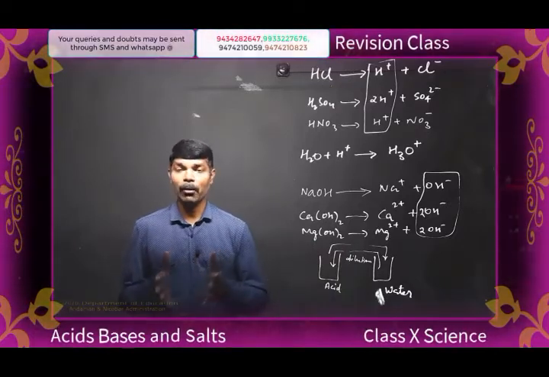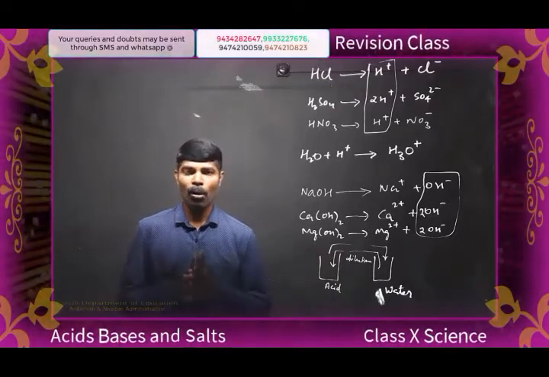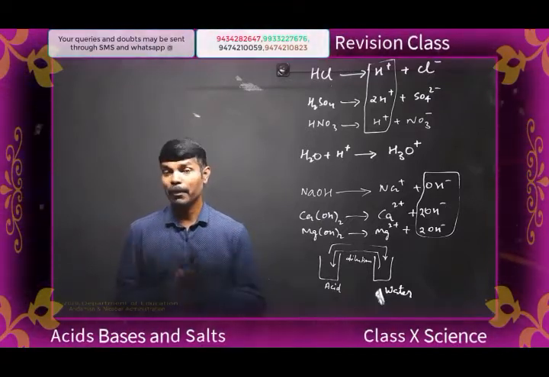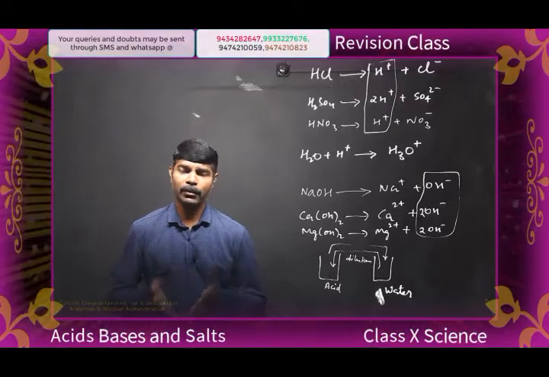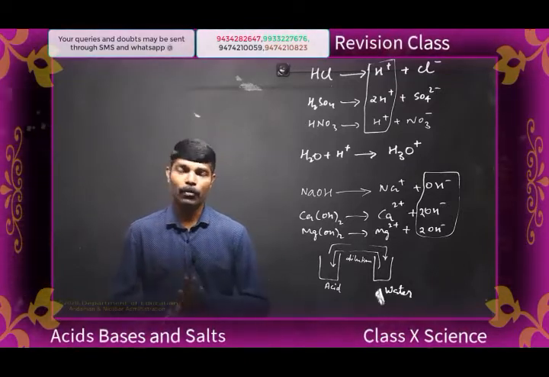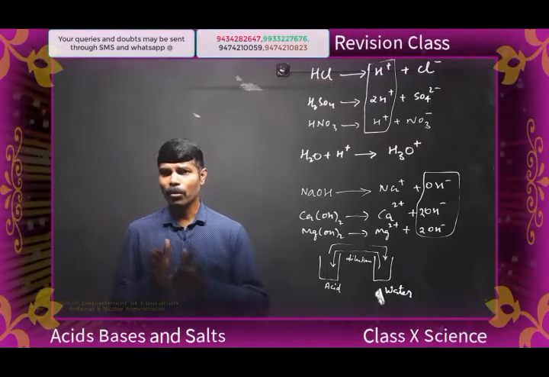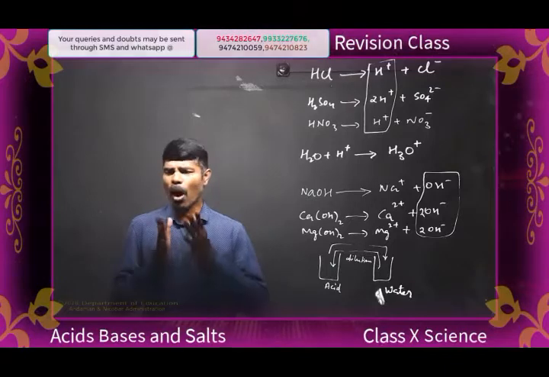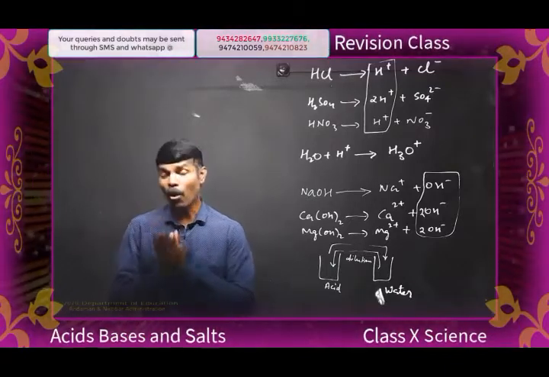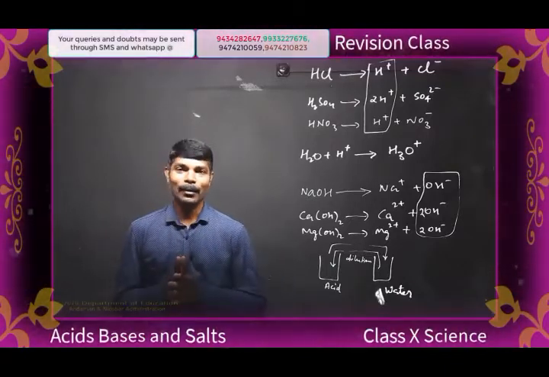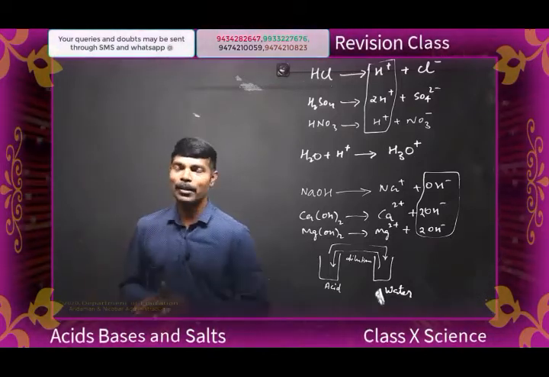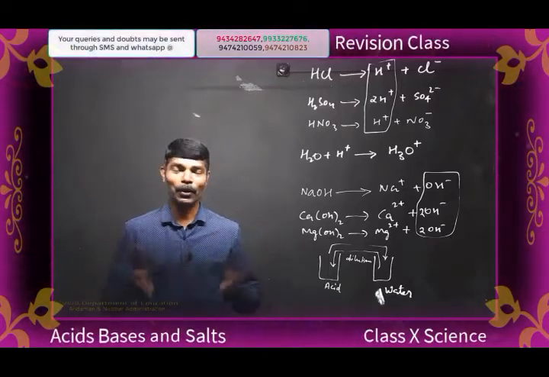One more thing about acids and bases we should know. In order to detect the acid, we can use litmus paper or any other indicators. With those indicators we can test for the presence of acids and bases. But to check how strong the acid or the base is, the indicators we have used for testing will not work.